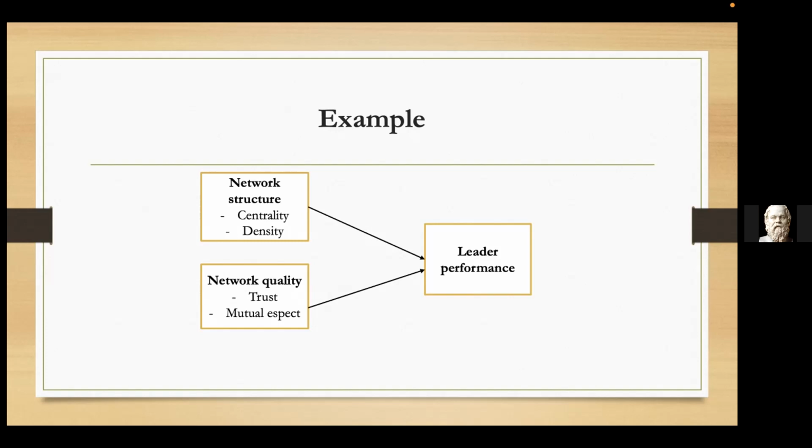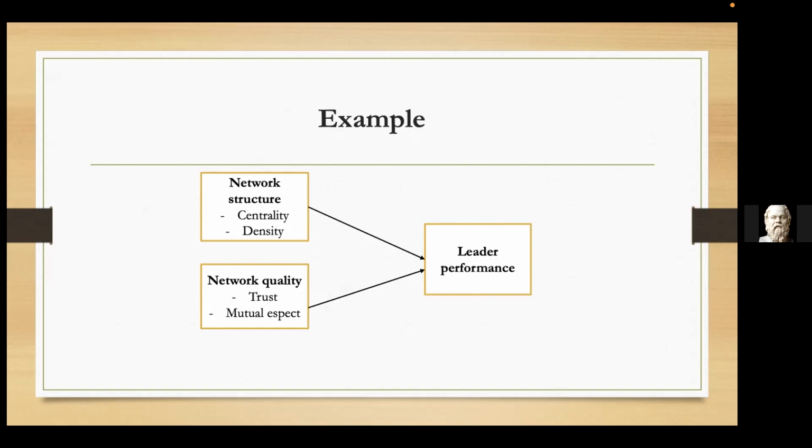You can do this by using the elements of social network theory, which focuses on the network structure. And then you can also try to explain the influence of that individual by bringing in the leader-member exchange theory, which focuses on network quality.